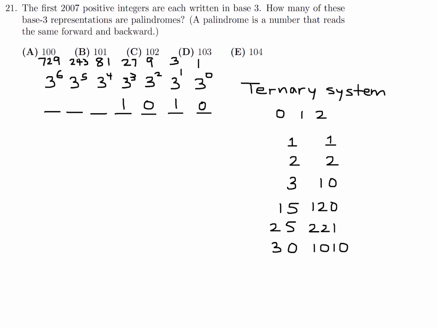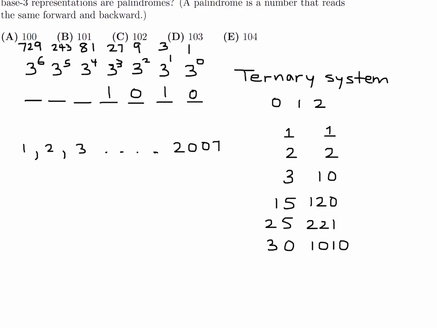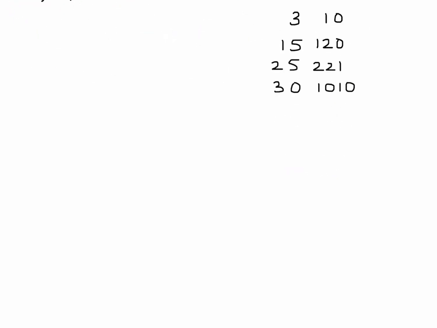So what they're saying is they're writing all the numbers from 1, 2, 3, all the way until 2007 in base 3. And they want you to see how many of them are palindromes. All right, perhaps we can do this. So we'll make a little list.